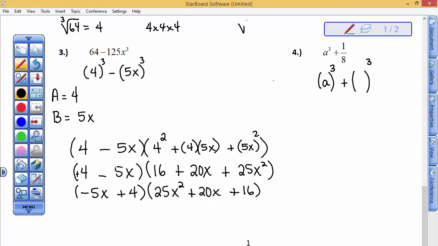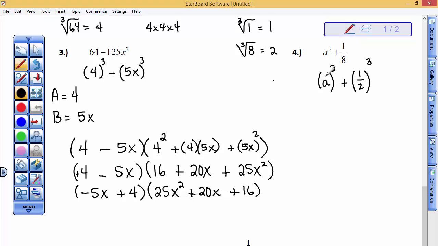Well, what you do is you say to yourself, what's the cubed root of 1 separately? And what's the cubed root of 8 separately? Well, the cubed root of 1 is 1, because 1 times 1 times 1 is 1. And the cubed root of 8 is 2, because 2 times 2 times 2 is 8. So the fraction 1/2 times 1/2 times 1/2 would give you 1/8.